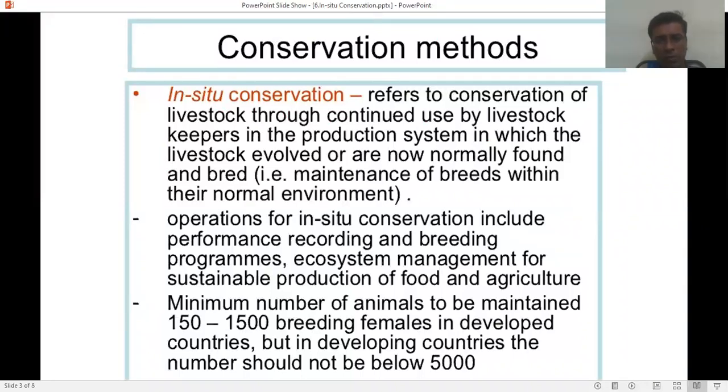it refers to the conservation of livestock continued by livestock keepers. And operations in situ conservation include performance recording and gradings.